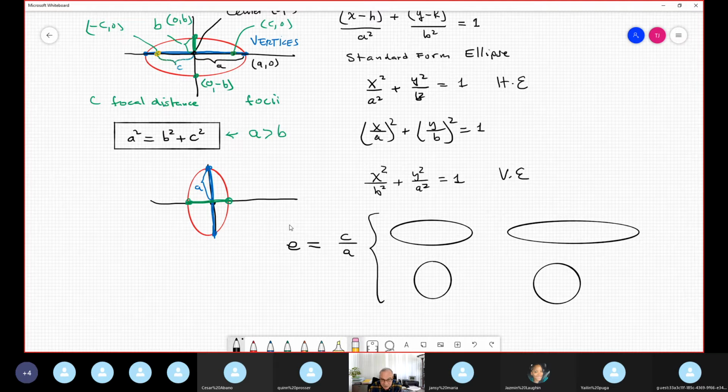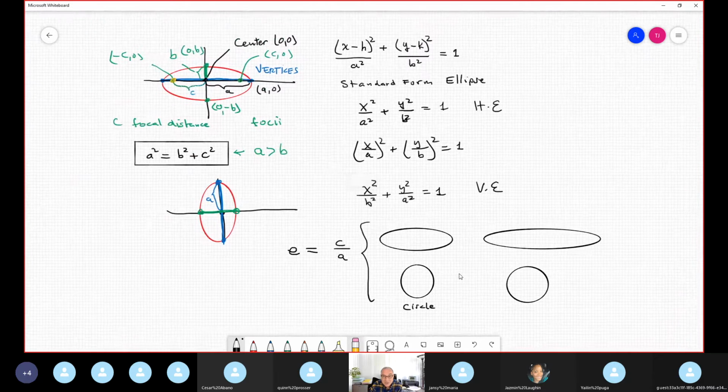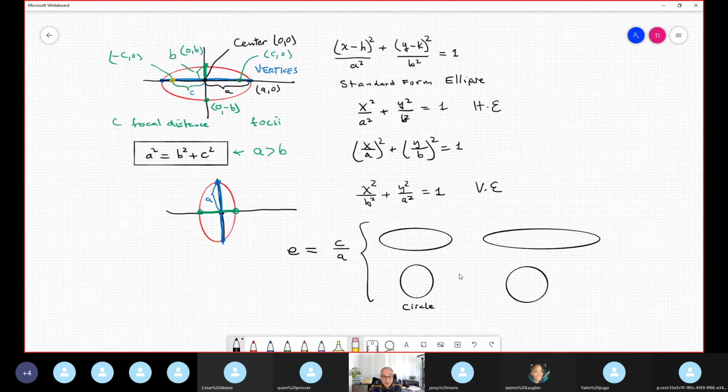Suppose a perfect circle. A perfect circle is obviously one particular example of the ellipse in which a and b are the same. If a and b are the same, it's because c is 0.